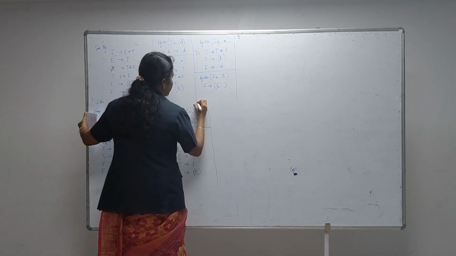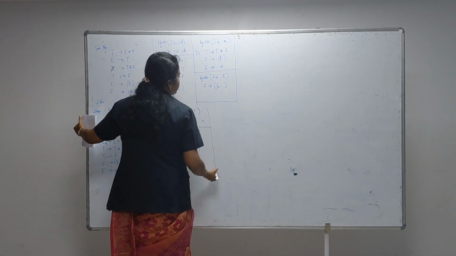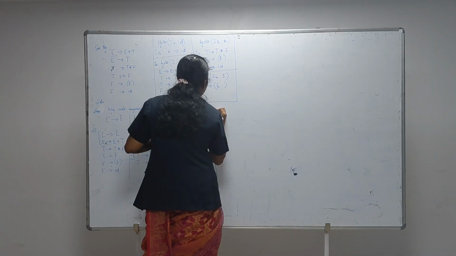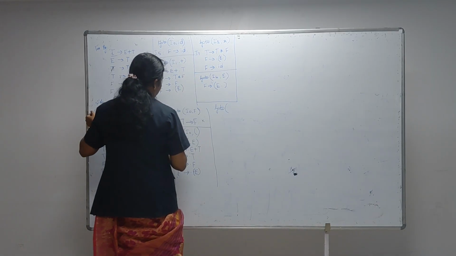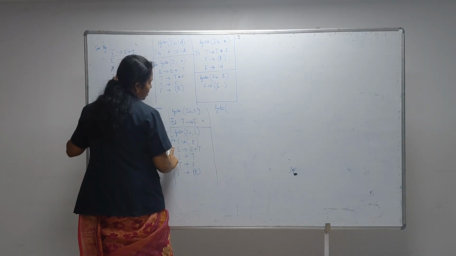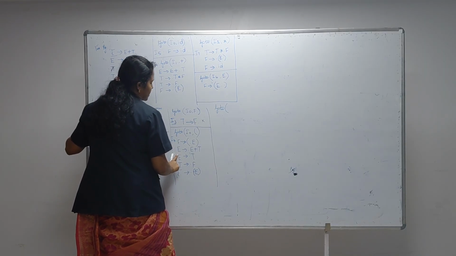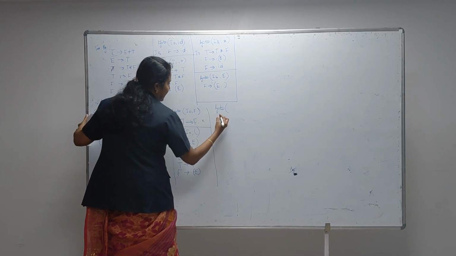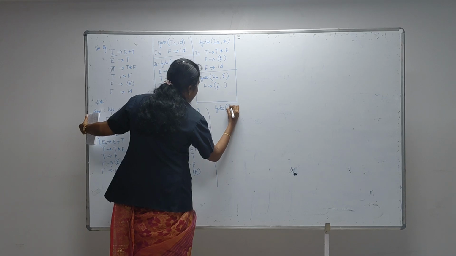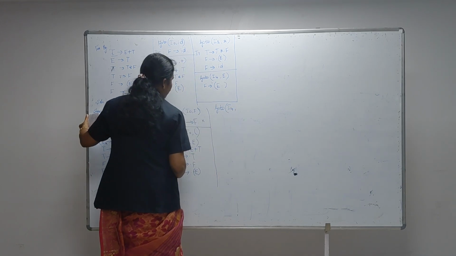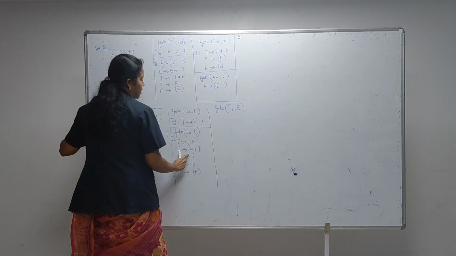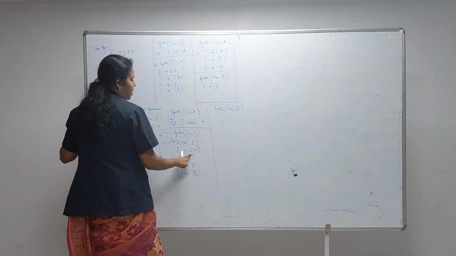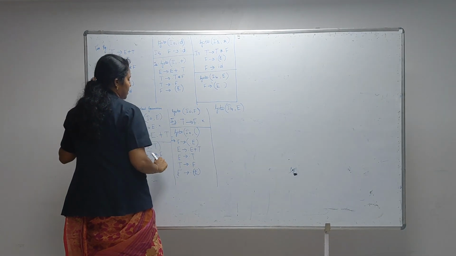That is I4. So here we have to move to the next production, that is with the non-terminal E. So here I4 comma E, because after the dot there will be a non-terminal, we will be having the non-terminal productions.